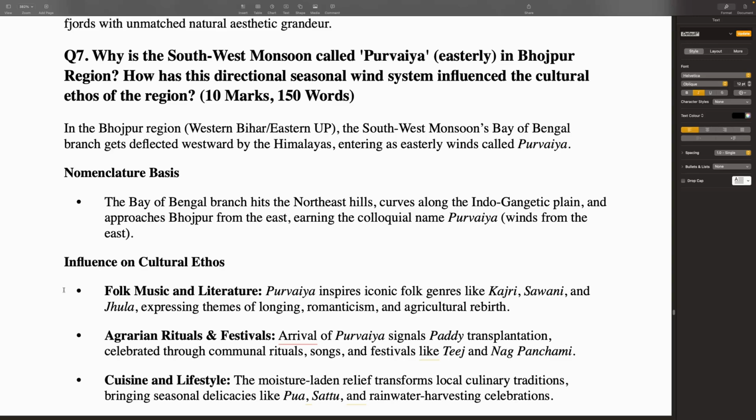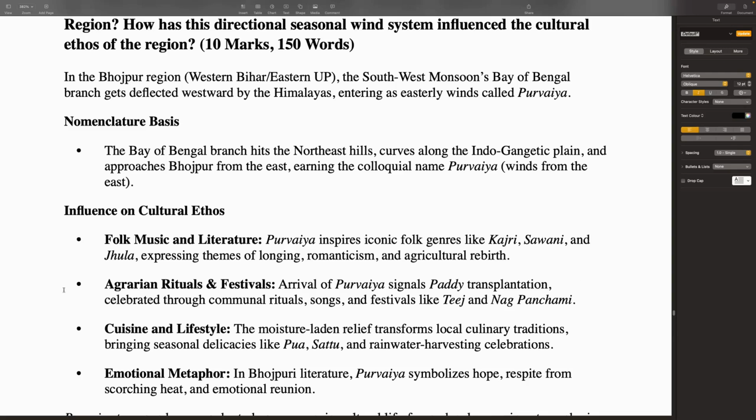Nomenclature basis: the Bay of Bengal branch hits the northeast hills, curves along the Indo-Gangetic plain, and approaches Bhojpur from the east, earning the colloquial name Purvaiya, winds from the east.